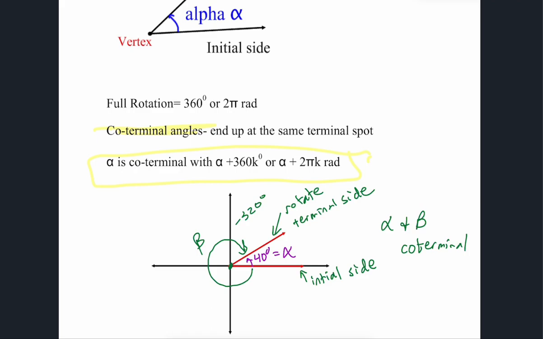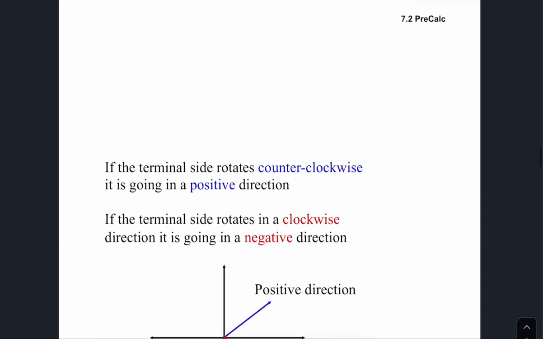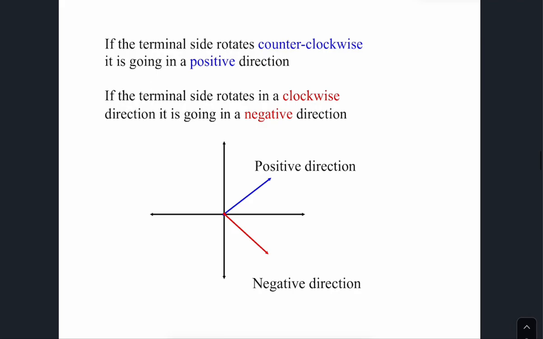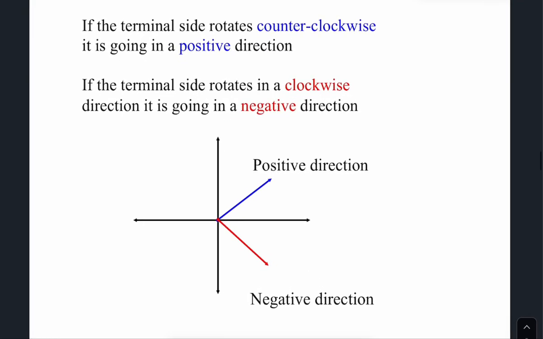So we finally have some positive and negative sorts of things. When it comes to positive and negative directions, if the terminal side rotates counterclockwise, that way, my rotation is positive.